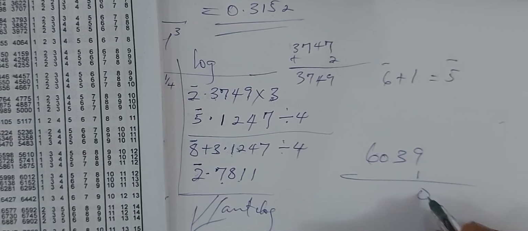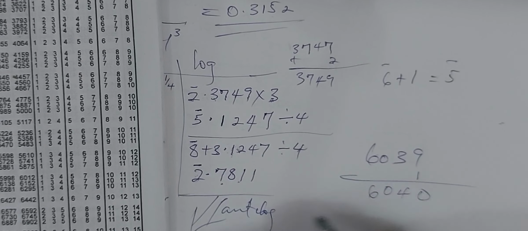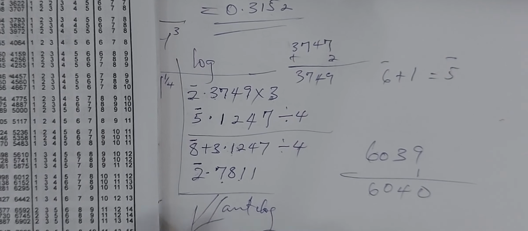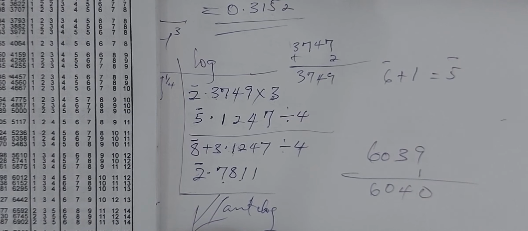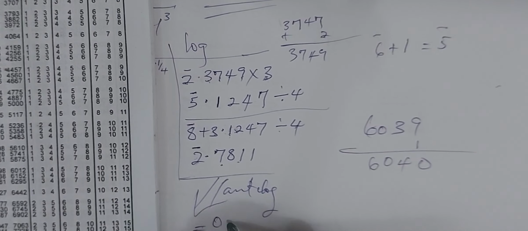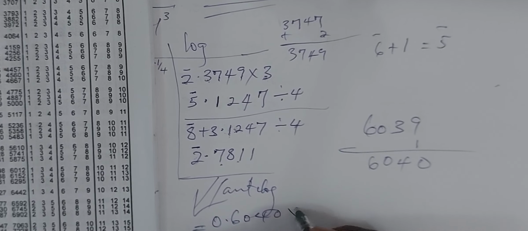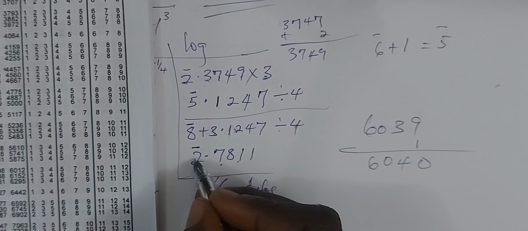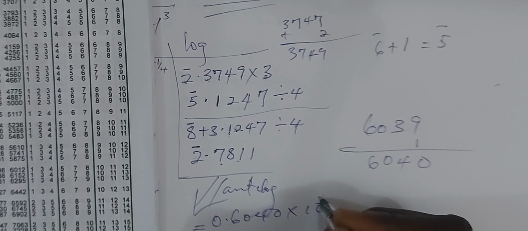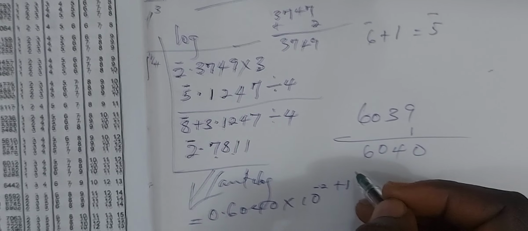So we add 0, 4, 0, 6. So what we have is 0.6040 times 10 raised to the power of the integer part, bar 2, which is minus 2, plus 1, the normal one we used to add.